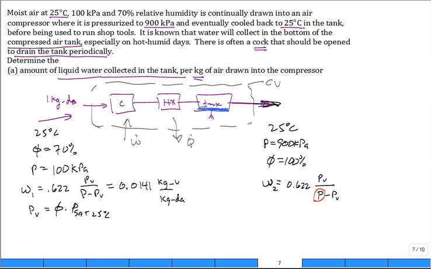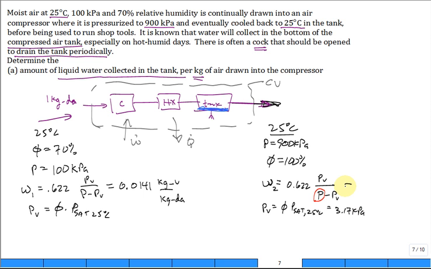All right. Well, what is PV? PV is 100% of the saturation at 25 degrees C. We could have changed the outlet temperature, but just leave it 25 degrees C. So the vapor pressure going out is 3.17 kPa.